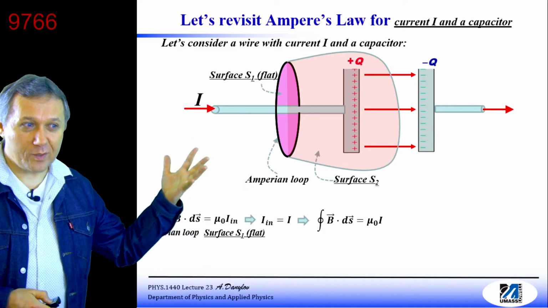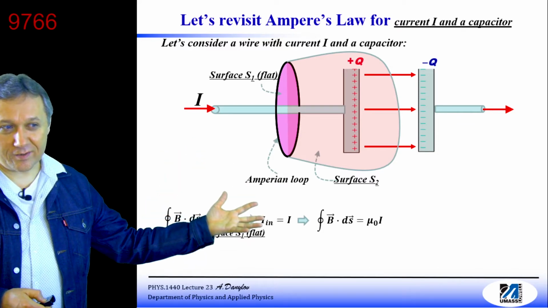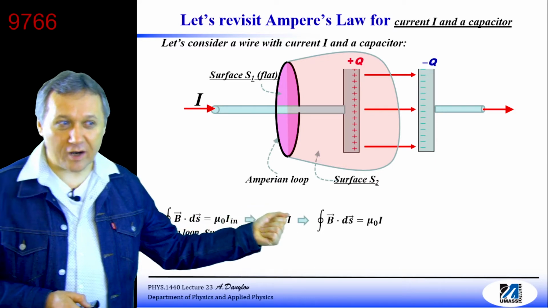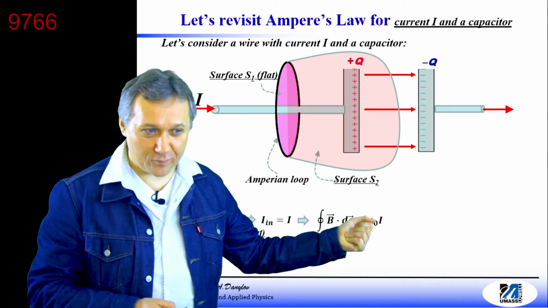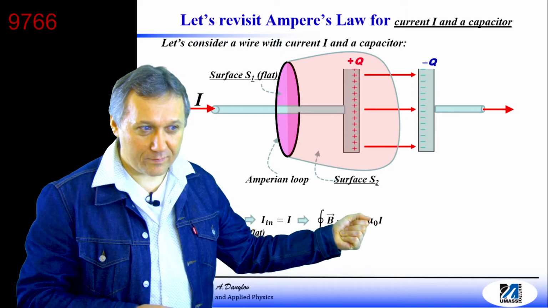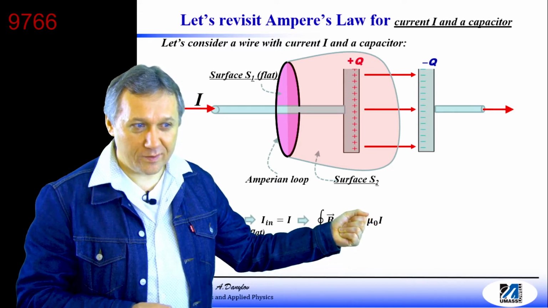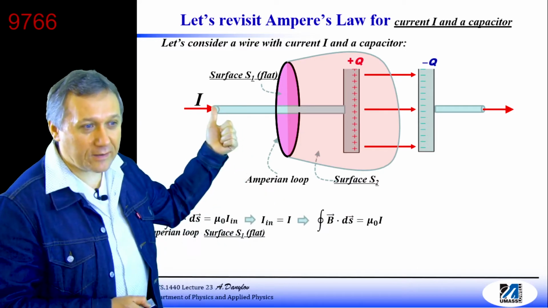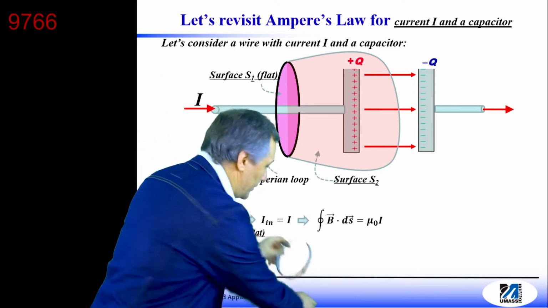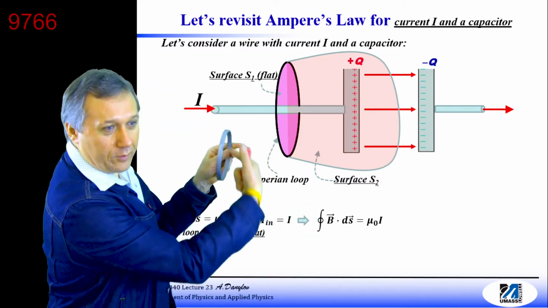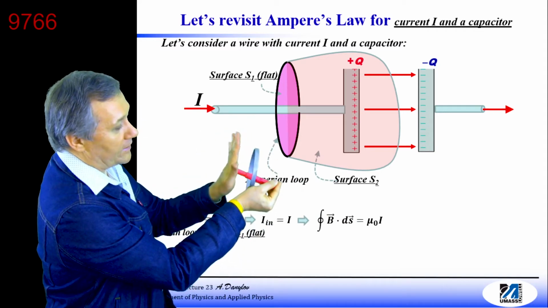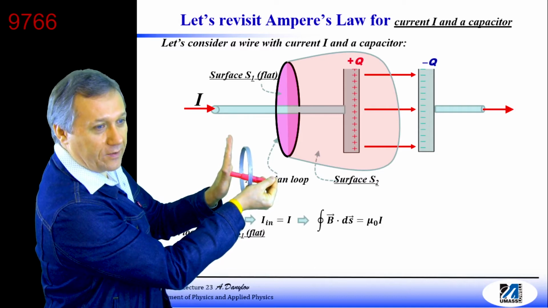So now, which current is an enclosed current? Again, which current physically crosses this surface S2? There's no current crossing this surface S2, because this current I goes through this hole and ends up on the plate of the capacitor.